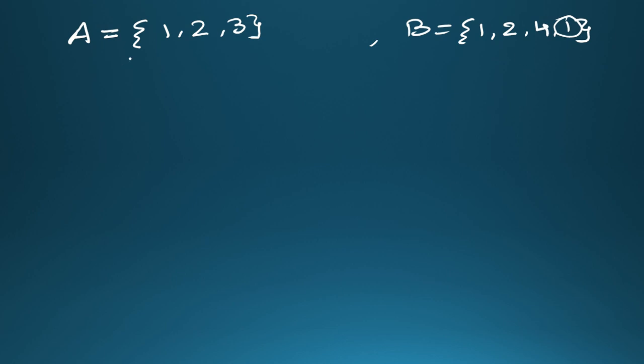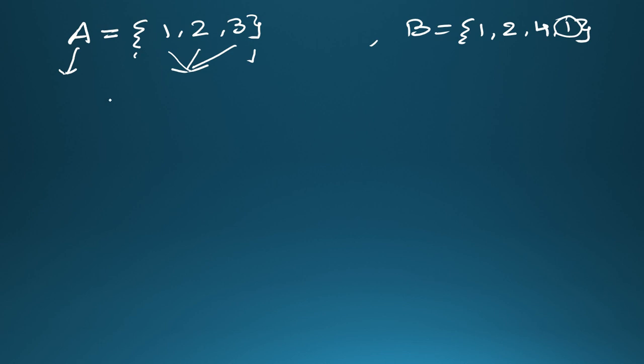So how do we represent a set? Any set is represented by any capital letter and its elements are written in between curly brackets separated by commas and without repetition.